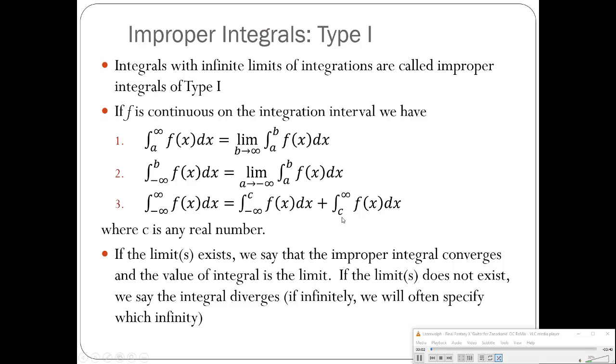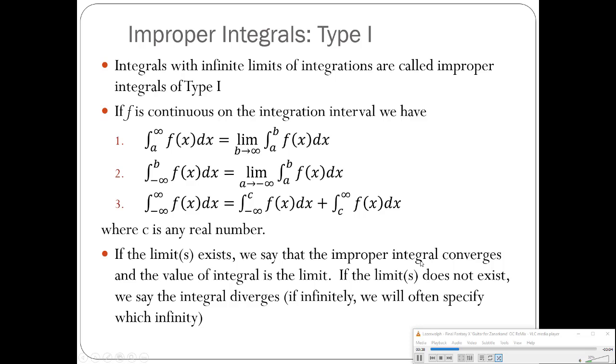It doesn't really matter where you split it, because if you recall, when you use the fundamental theorem of calculus to plug in the endpoints, this is going to be plugging c into your indefinite integral, and so is this. It's just this one's going to be plus plugging in c, and this is going to be minus plugging in c. So they're just going to cancel out, and the only things you're actually going to have to find are the limits.